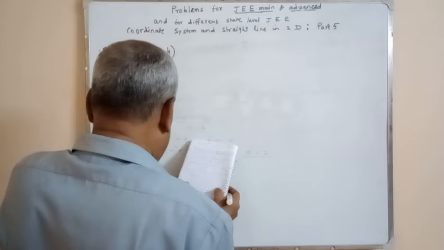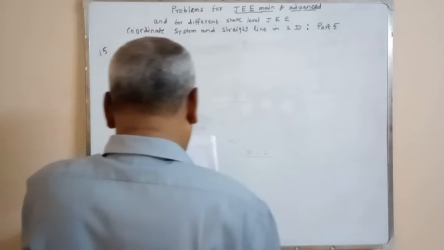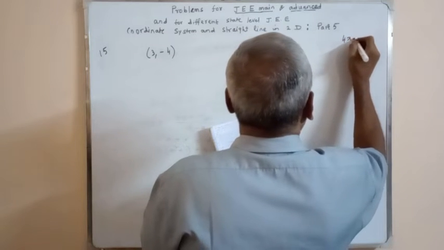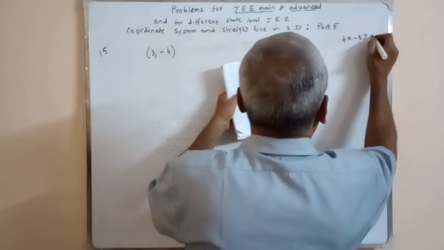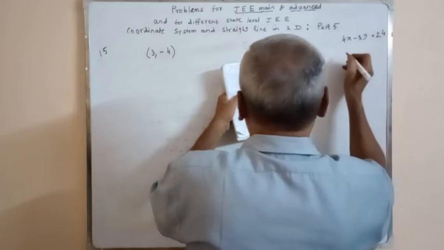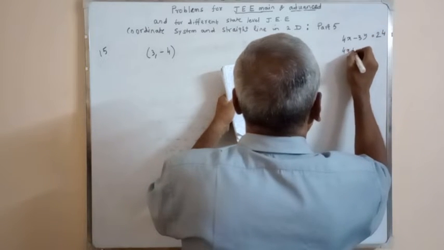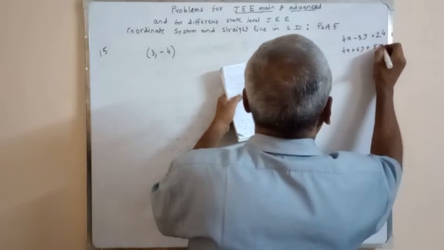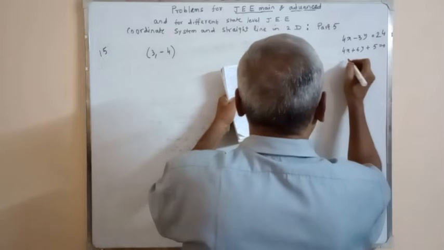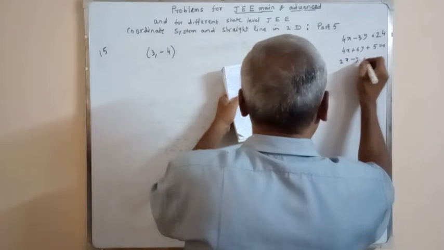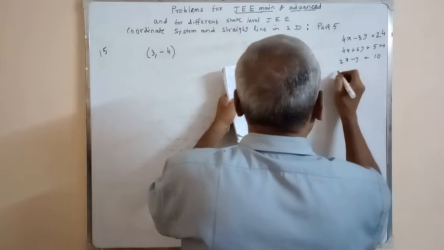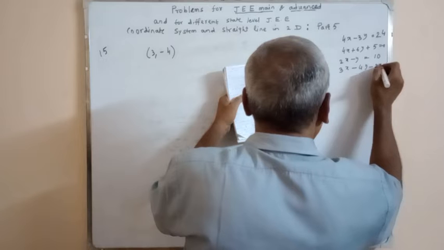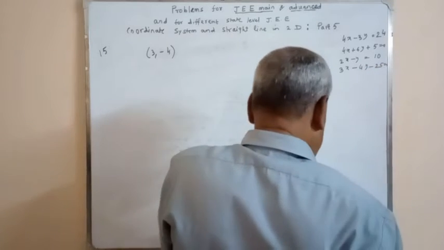Then the equation of the line is, options: 4x minus 3y is equal to 24; 4x plus 6y plus 5 is equal to 0; 2x minus y is equal to 10; and 3x minus 4y minus 25 is equal to 0.